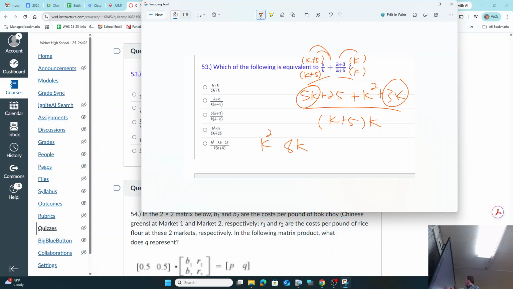And then we have k squared in the front. This is adding rational functions, remember? All divided by k times k plus 5. So I'm pretty sure that that's the answer right there. There we go. Okay, so that should be it for that one, I believe.